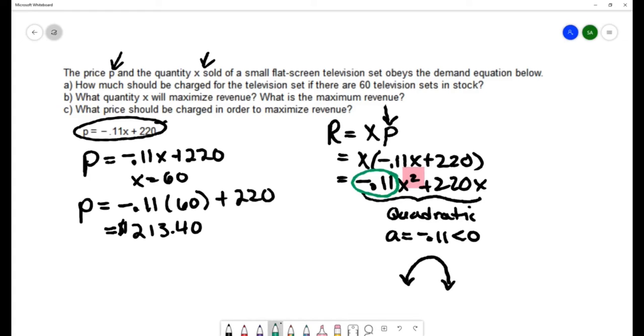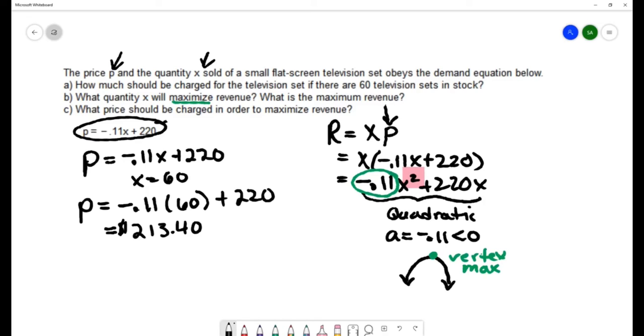Now this is significant because we're looking for the maximum revenue, and the maximum here will occur at this little peak, which we call the vertex. So that maximum value is the vertex. So we are going to use the fact that this equation is a quadratic, a down-facing parabola, to find the maximum value, and we do that by finding the vertex.